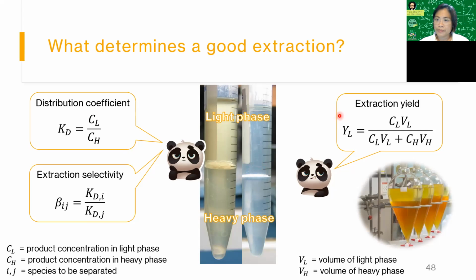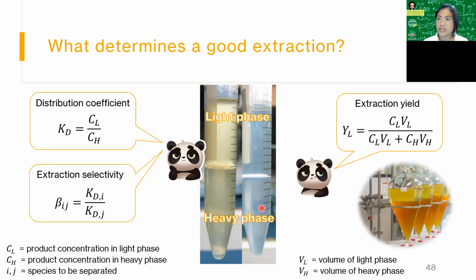Another term that determines whether extraction is good is the extraction yield. Extraction yield involves a mass balance. Because you start off with, for example, 10 units of a product, at the end maybe 8 units are in the light phase and 2 units are left in the heavy phase.